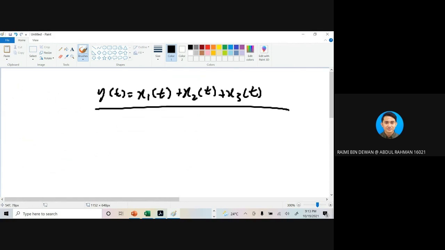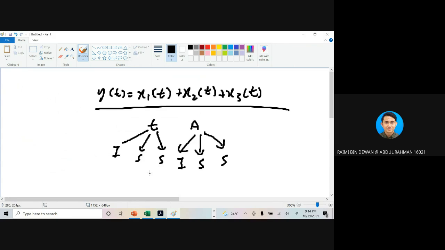Of course, before you even think of doing this, you need to master the basic six operations, which are the time operations and the amplitude operations: time inversion, time scaling, time shifting, and then amplitude inversion, amplitude scaling, amplitude shifting.